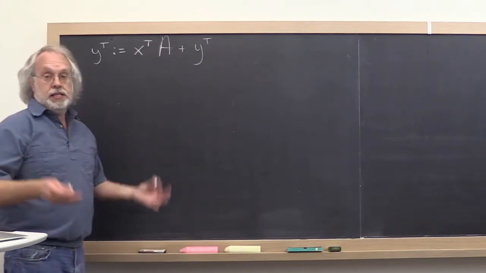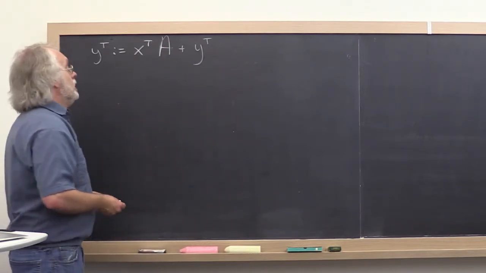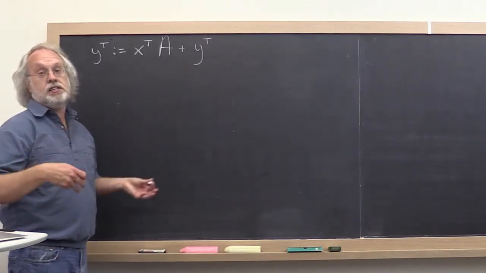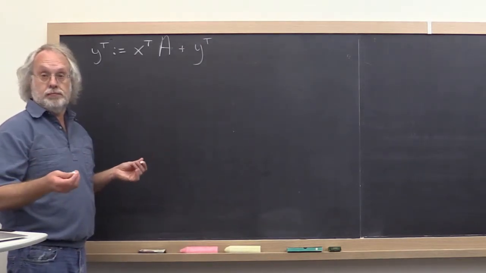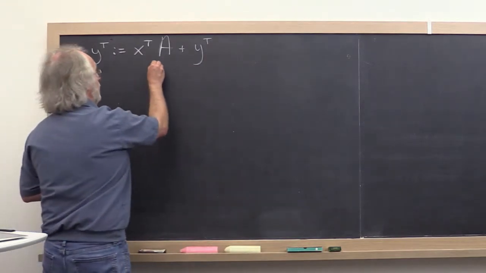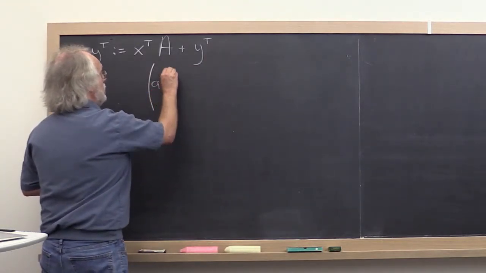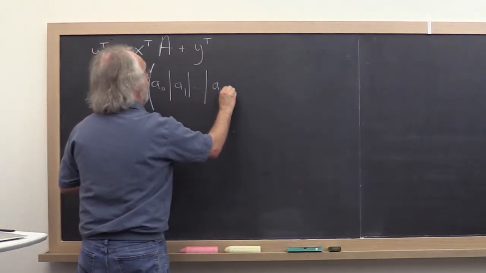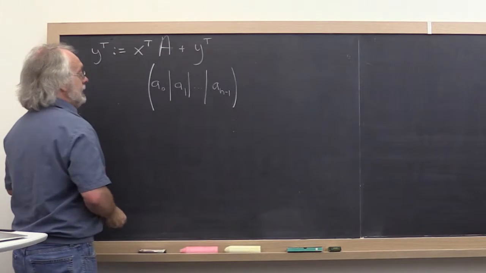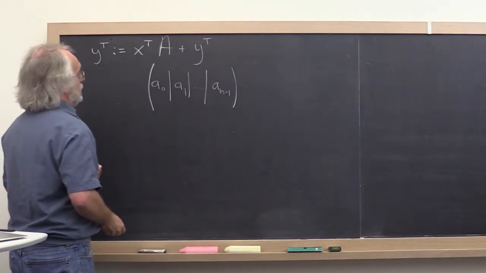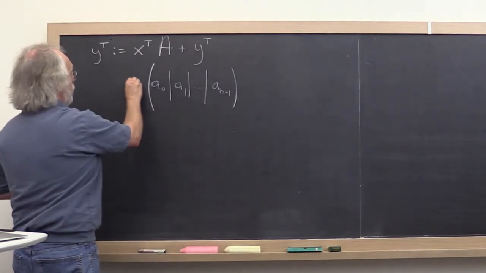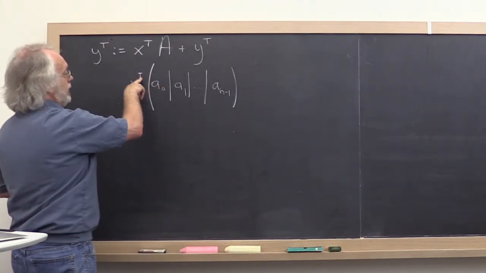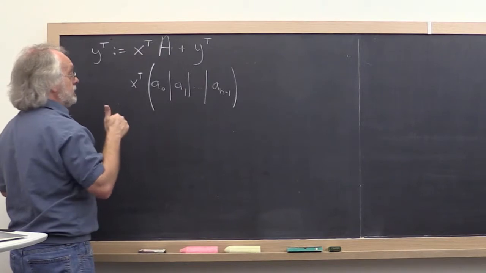Again, what do we do these days? We slice and dice. How do we like to slice and dice first? Well, we know that accessing matrices by columns is a good idea. So let's take our matrix A and partition it into its columns. And, well, if we leave x alone, then we end up doing dot products of x with the columns of A. That's good.